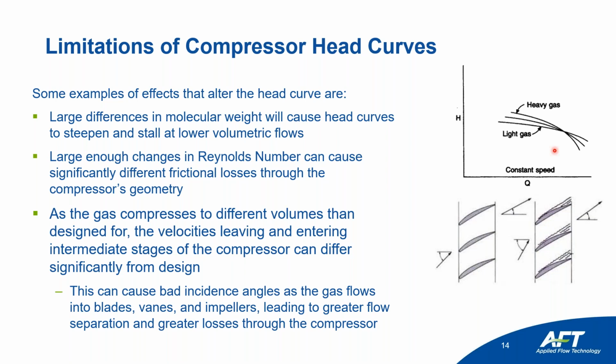So as I'm sure a lot of you know, your rotor is rotating in a certain direction. Let's say here it's going down and your fluid's flowing in at a certain velocity.